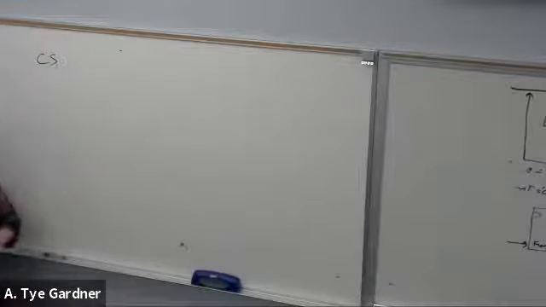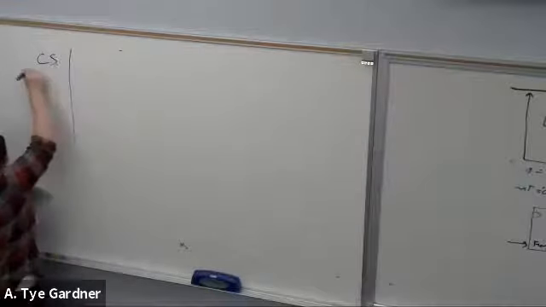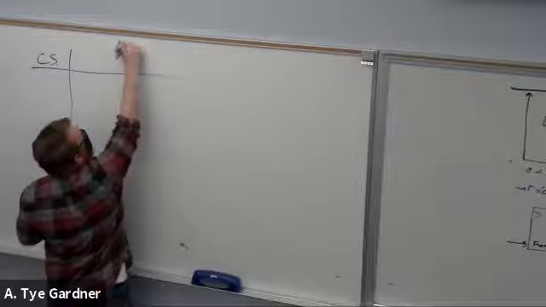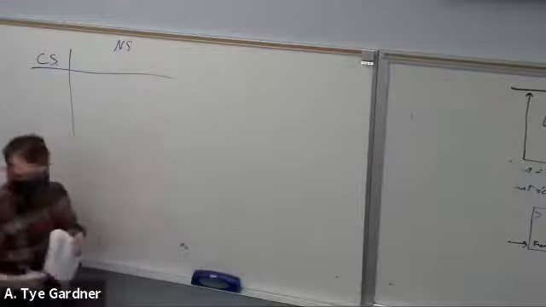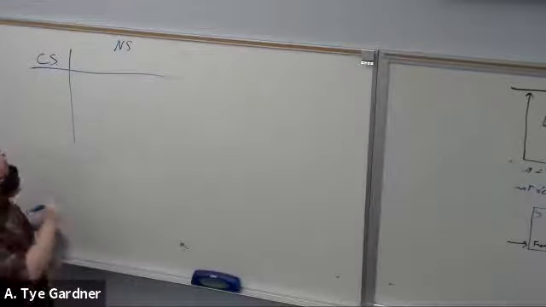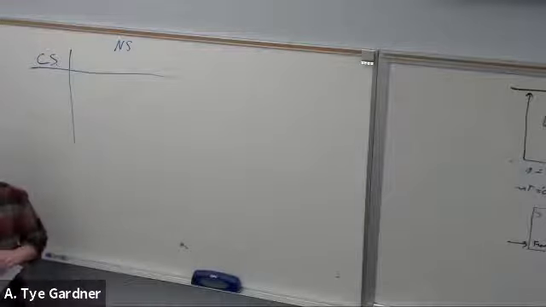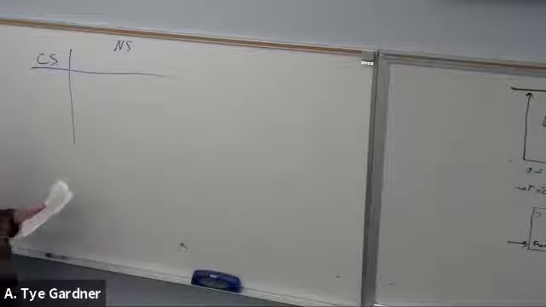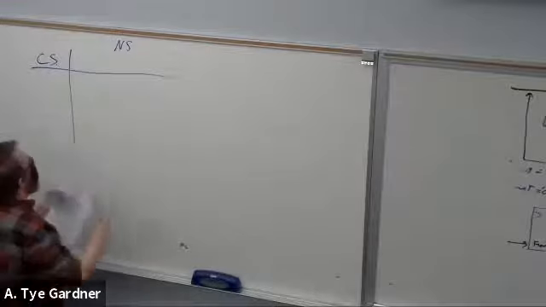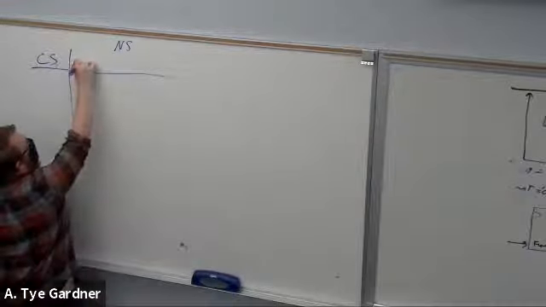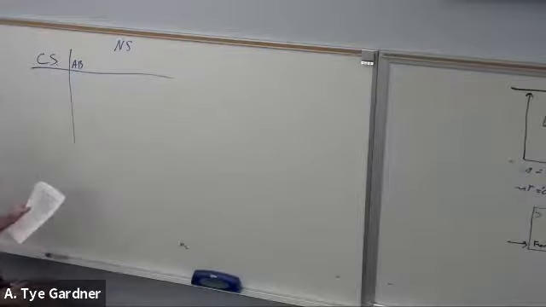What is our current state? Then based on that, what is our next state? Where are we going? And that depends on not only where are we now, but also what is our input, right? So we may have inputs of A and B in this case.